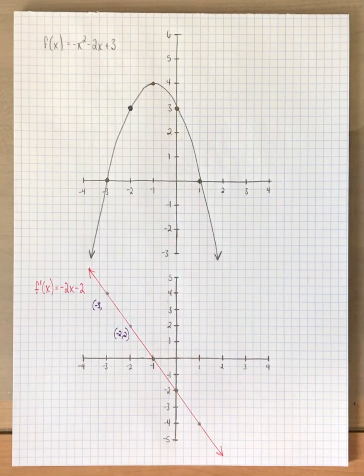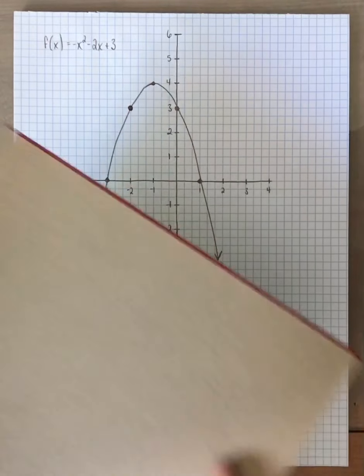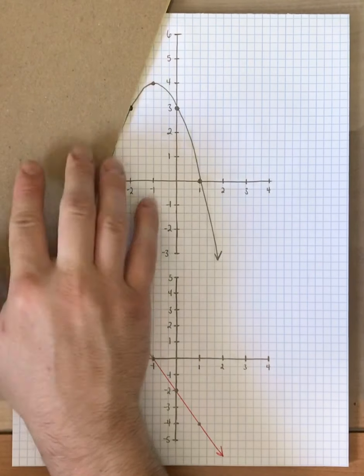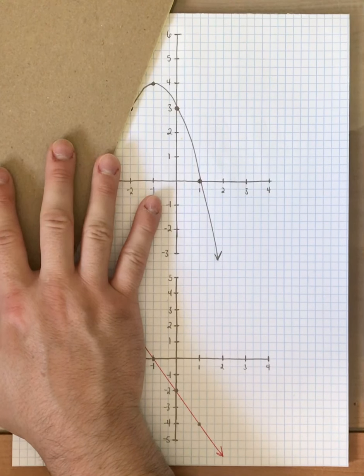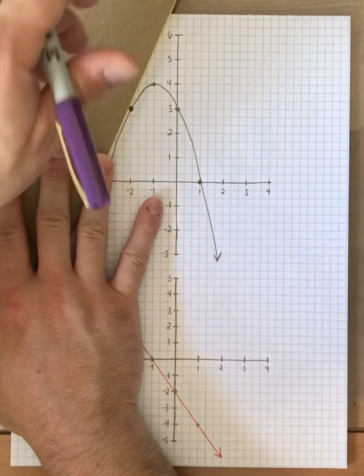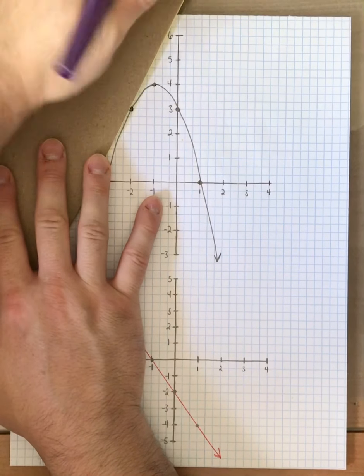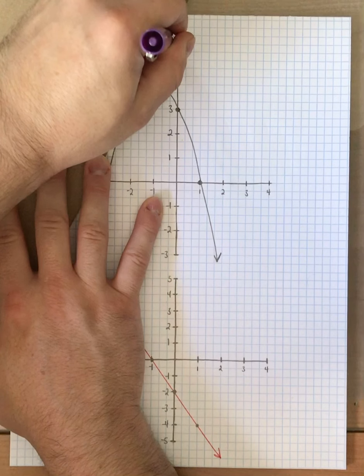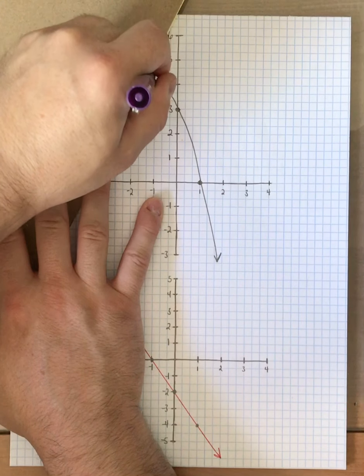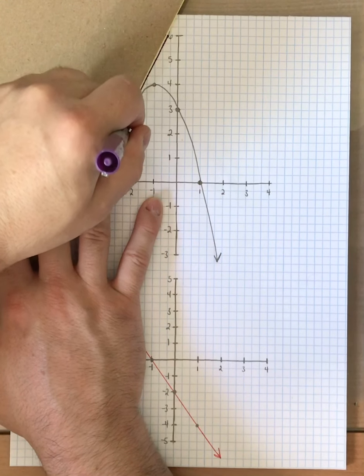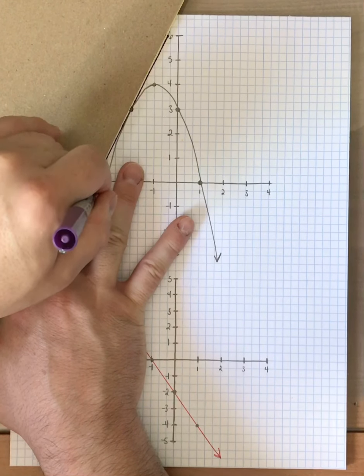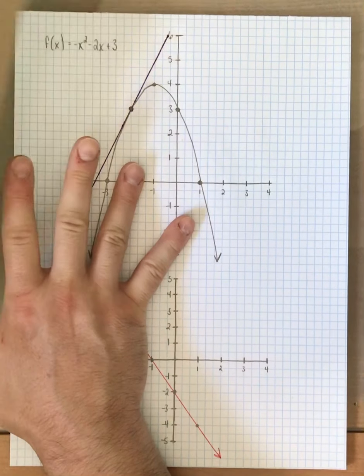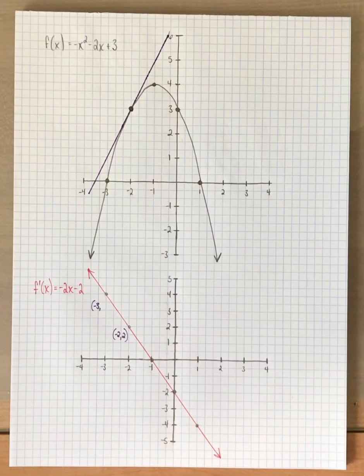So if I connect those 2 points, and I draw a line with a slope of 2 through that point, sure enough, that line is tangent to the parabola.